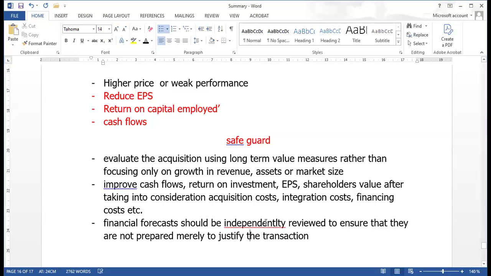That's also why you will see the acquirer doing due diligence and engaging financial analysts, and the other entity also presenting information regarding the audits of those forecasted cash flows.